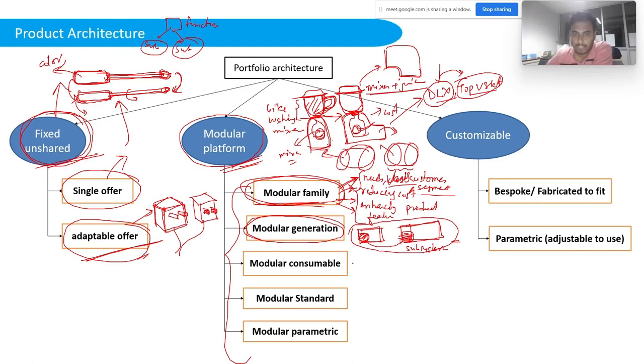Basically, here you need to consider one thing: the cartridge is not the product, but the printer that is designed around accepting that particular cartridge is the family of products. They are using the same consumables.